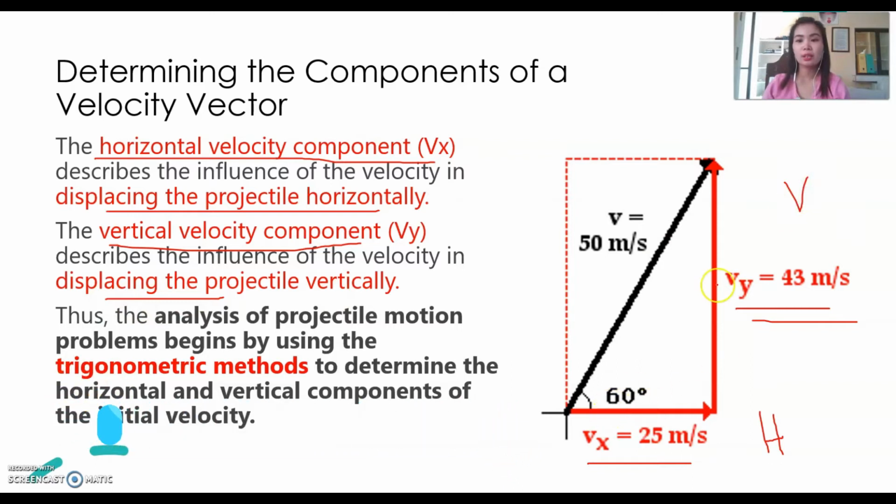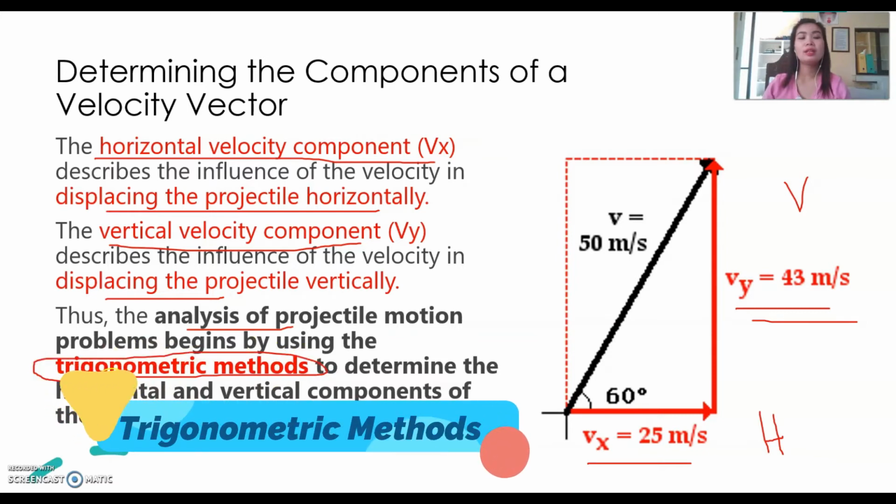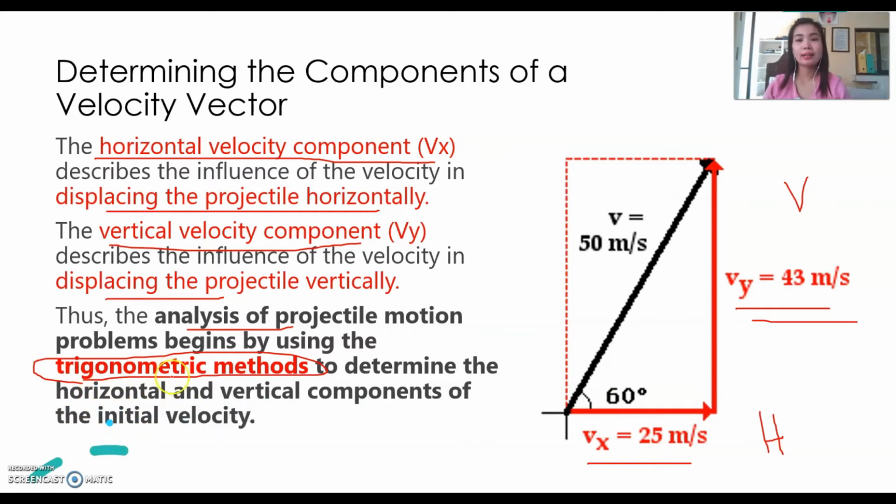Horizontal, vertical. Now, the analysis of projectile motion problems begins by using trigonometric methods. Remember trigonometry, the study of angles. Why is it important to know the basics of trigonometric methods?